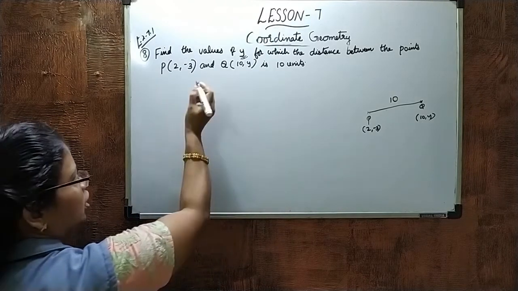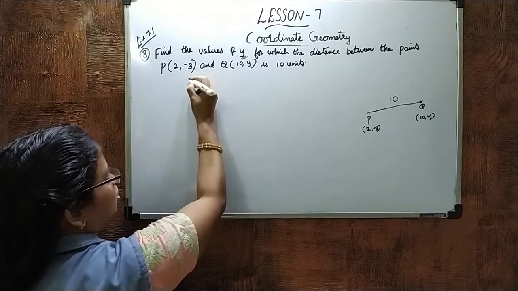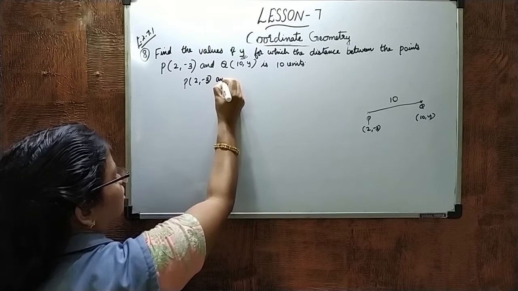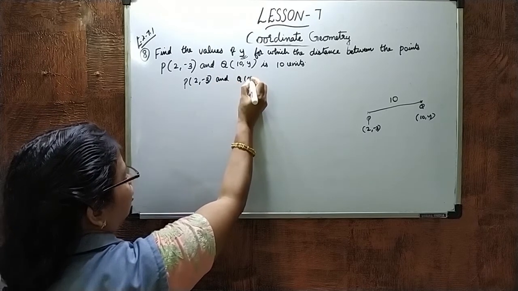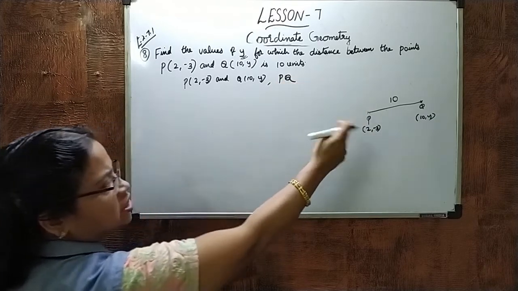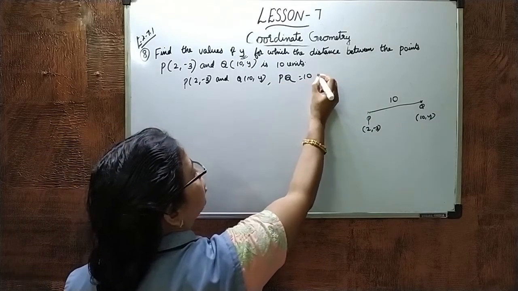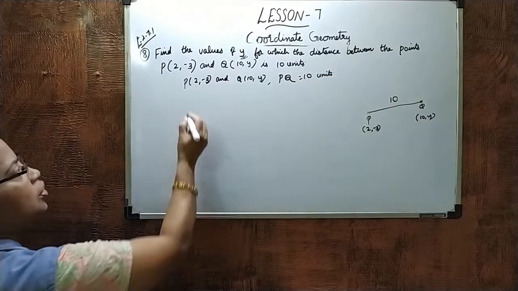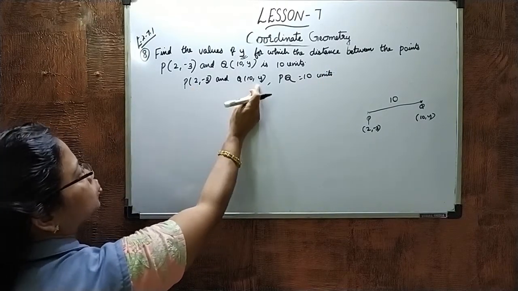So what can you do then? First what you will write? The given points P (2, -3) and Q (10, y), and PQ equals, the distance is given as 10 units. Okay, now we will start. Here it is x1, y1, x2, y2.